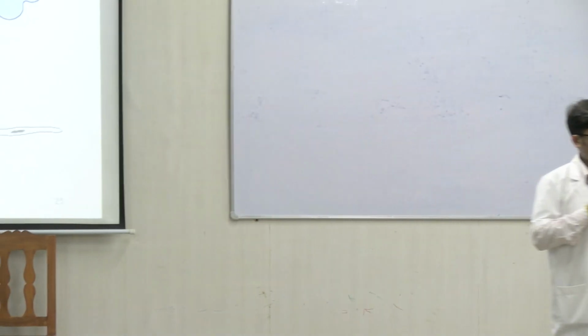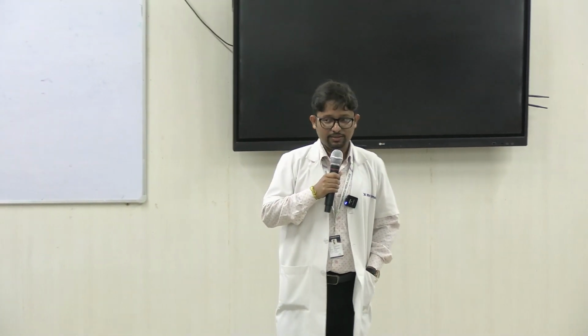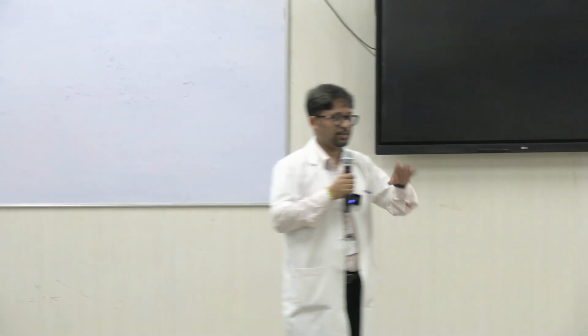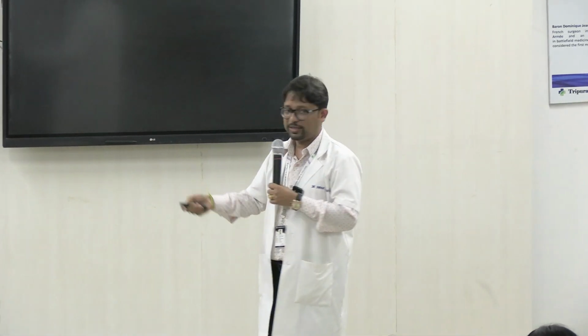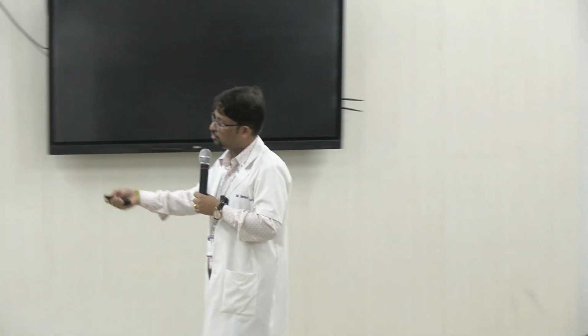So these are just some examples of what we call the monocyte macrophage system. This is why I mentioned macrophages earlier, because as soon as the organism enters, it will come across these early. Of course, neutrophils are already there.